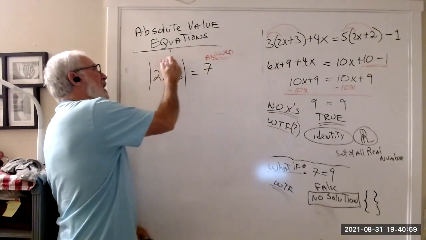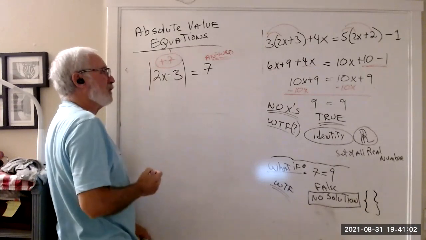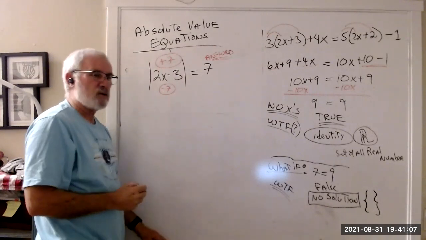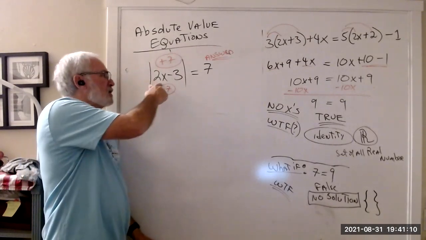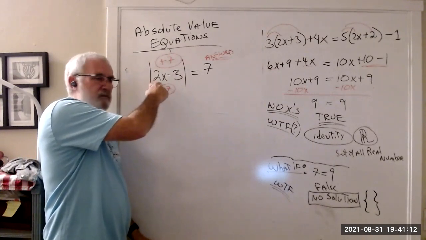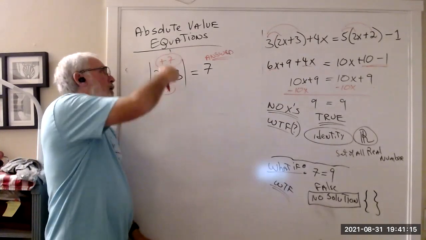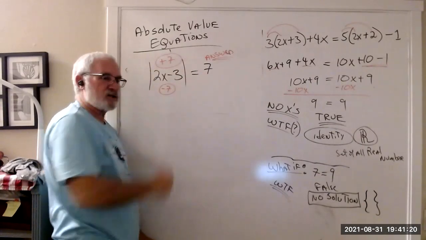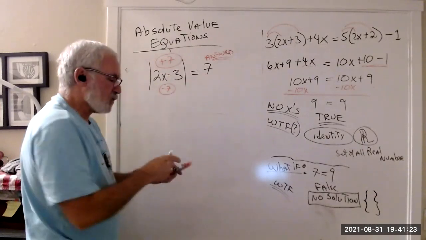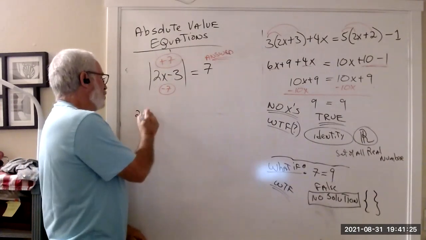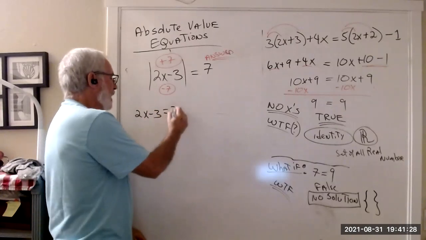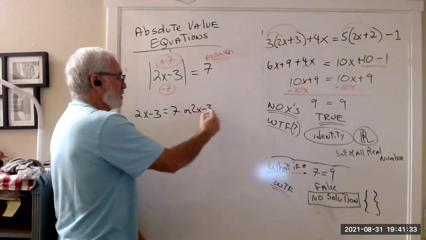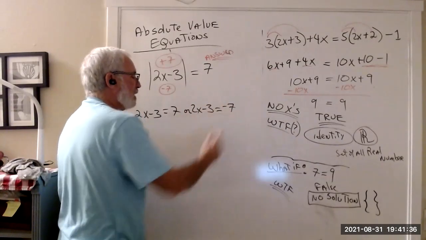So this inside quantity might have been worth positive 7, or it might have been worth negative 7. That's the only way we could get an answer of 7. So that translates into this: 2x minus 3 might have been worth 7, or 2x minus 3 might have been worth negative 7.